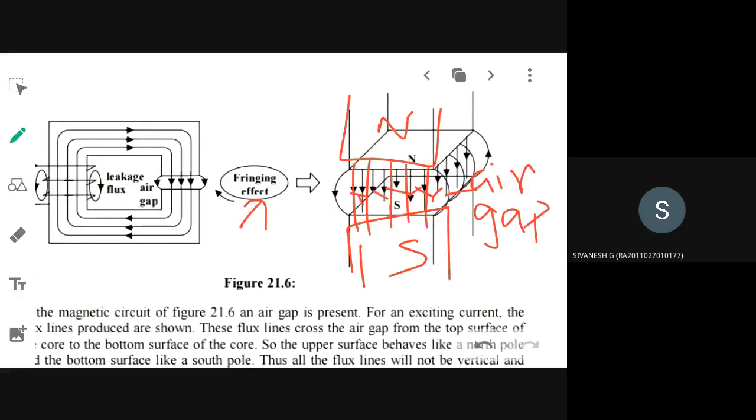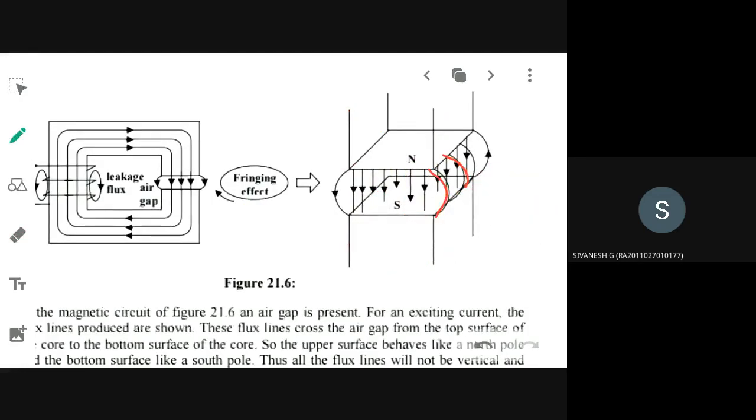If it is so, everything is good. Magnetism or some further action will happen. Everything will be good. But this is not always the case. What happens here to the flux lines? It bulges. You understood the meaning of bulging, no?